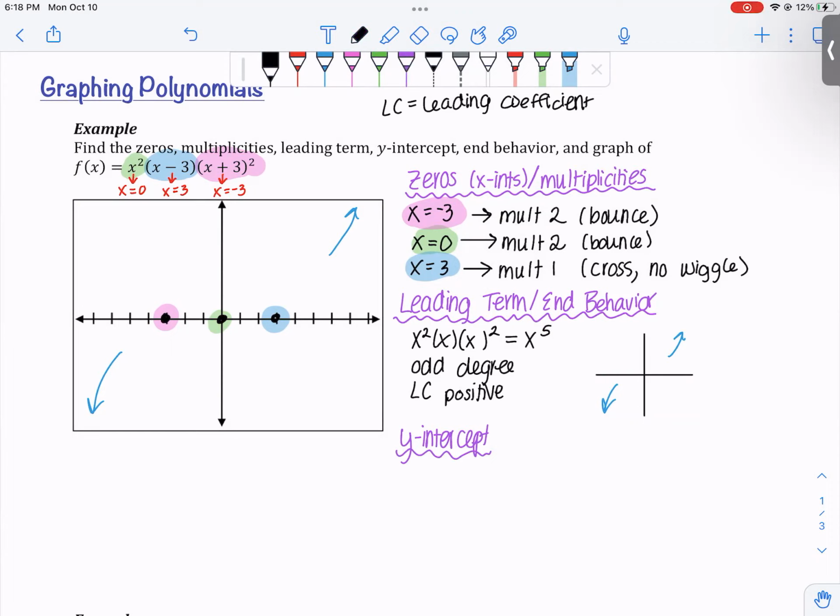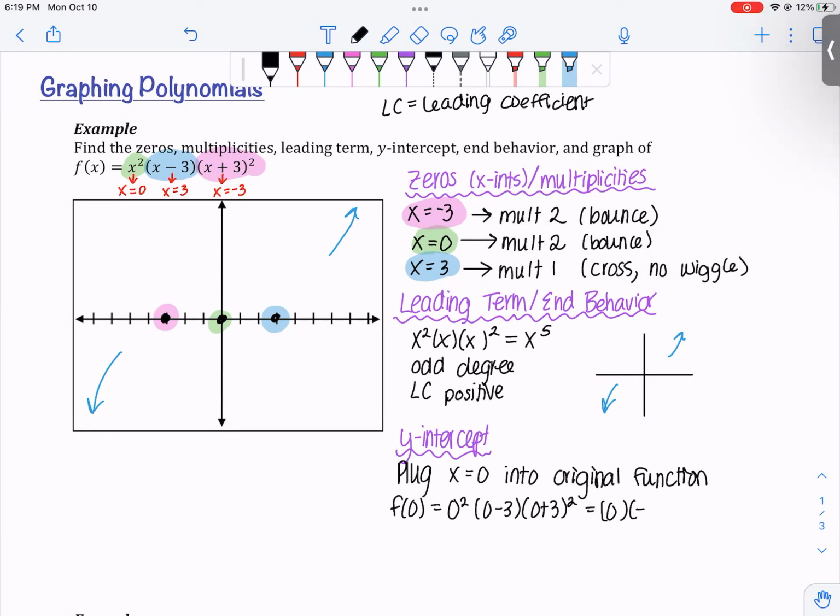For the y-intercept, you just plug in x equal to 0 to the original function. So f of 0, which is going to give us our y value, this is 0 squared, 0 minus 3, 0 plus 3 squared. 0 times negative 3 times 9 becomes 0.